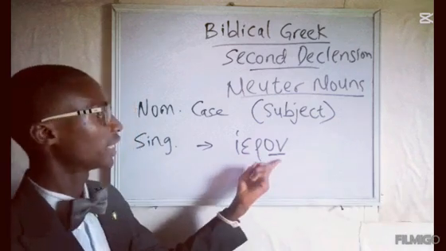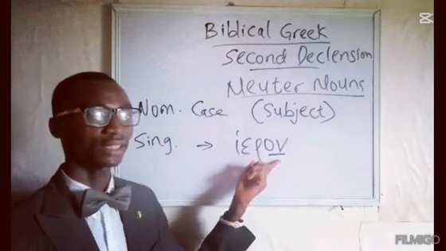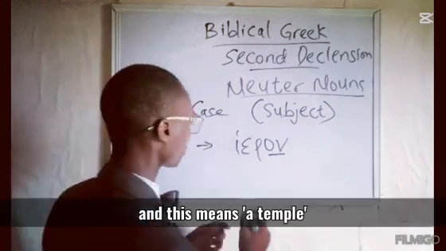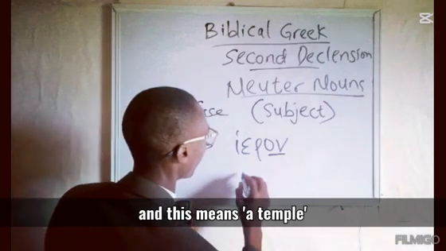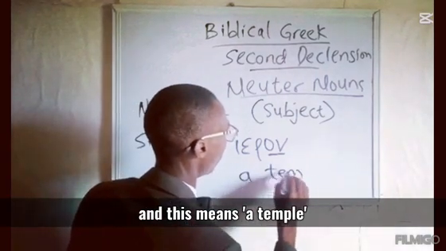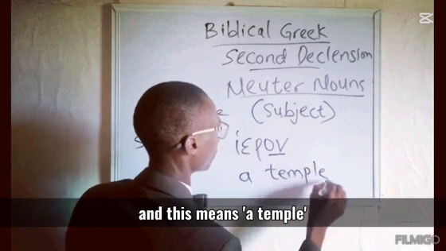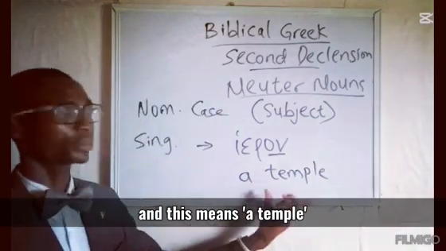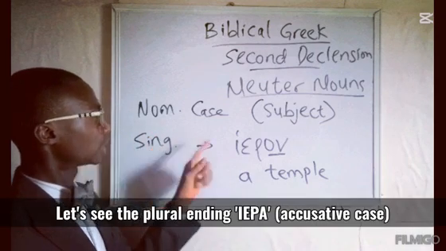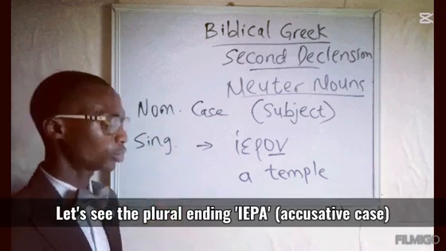Now, this is the ending for the nominative case, singular for neuter, and this means a temple. That's a temple.